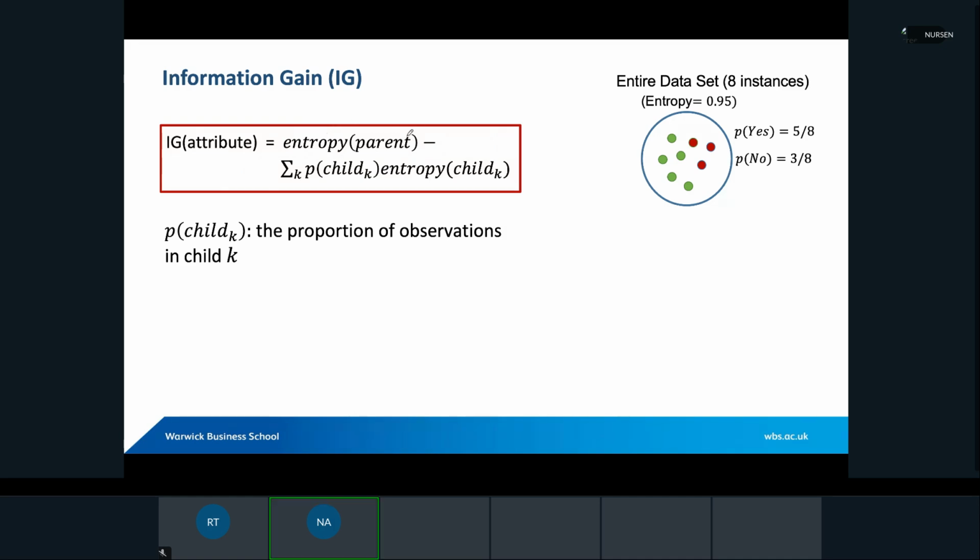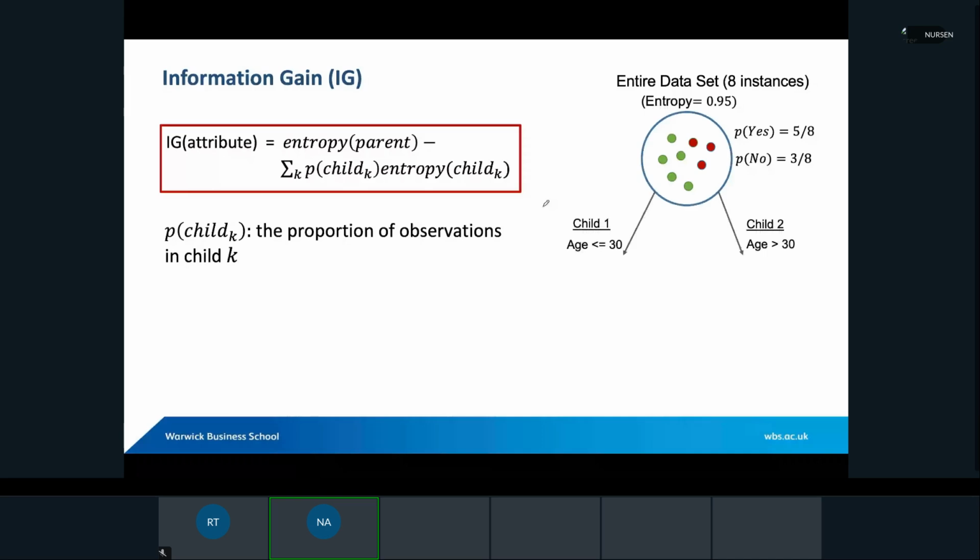So parent here is the entire data set minus child, which are obtained by the features in the data. And we will check how much each feature in our data set can help us to decrease the impurity of the entire data, so that when we make a prediction, we will make better predictions and our predictions will be solid.